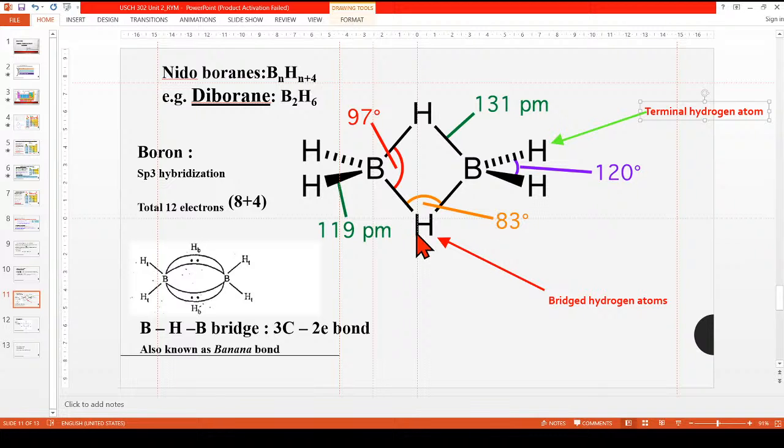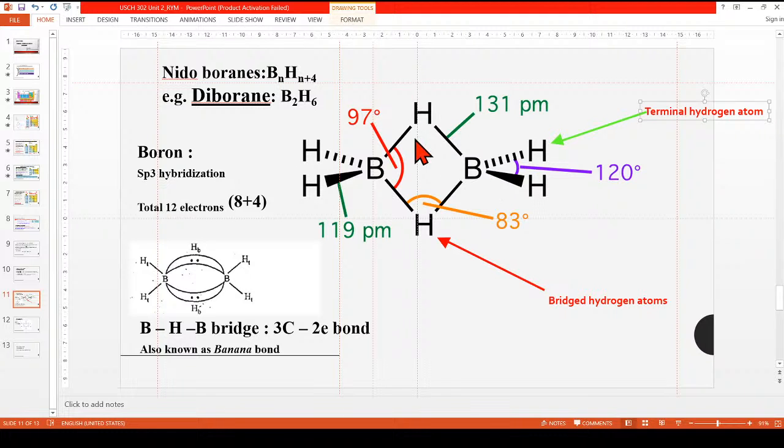Then two hydrogen atoms are linked to boron atoms via bridge, and they are called bridged hydrogen atoms. And they are bridged in such a way that the bridge boron hydrogen boron is three centered two electron.